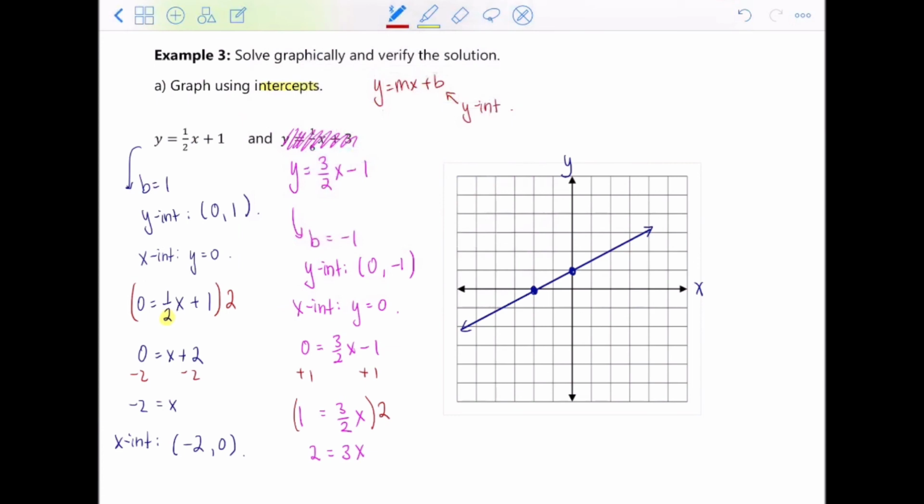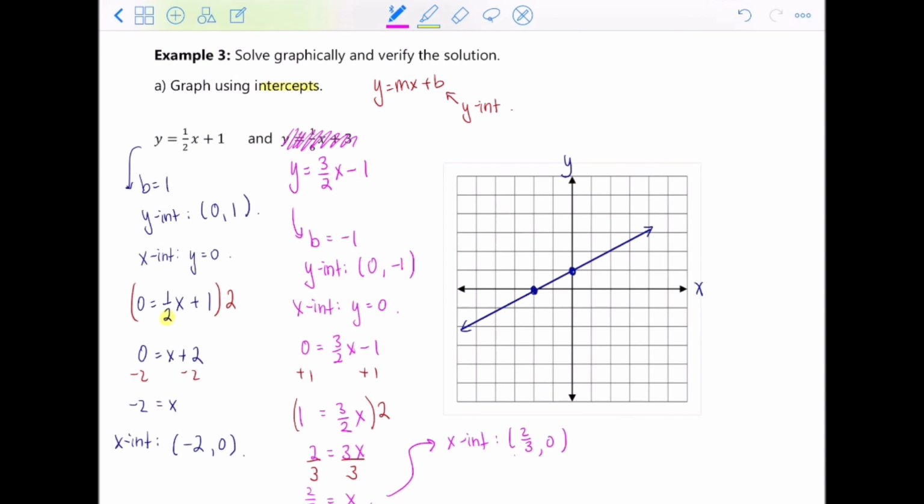Then divide by 3 on both sides to get x equals 2/3. It is okay to have a fraction as one of the values of a coordinate. So the x-intercept happens at (2/3, 0).